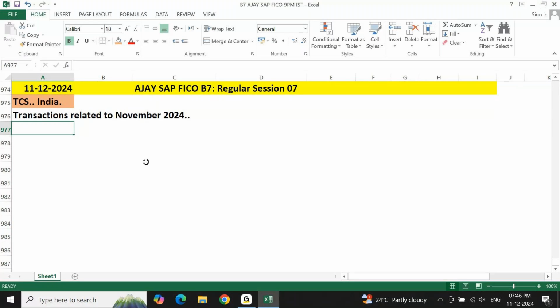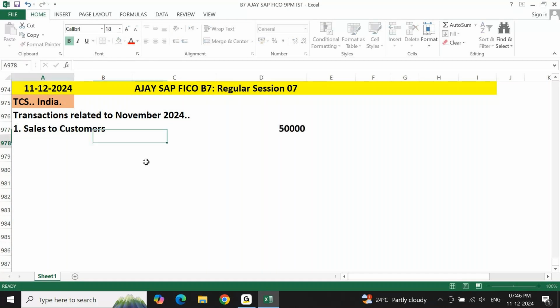These are the transactions related to November 2024. Let me write certain accounting entries or certain transactions. First one, sales to customers. Let me put 50,000. Basic accounting entry only to understand the concept.